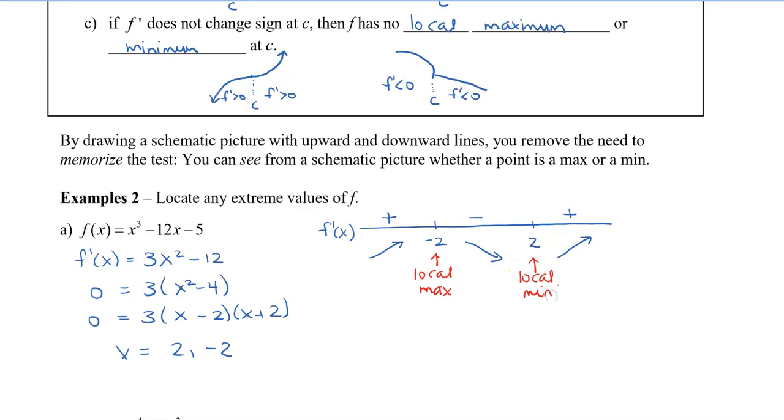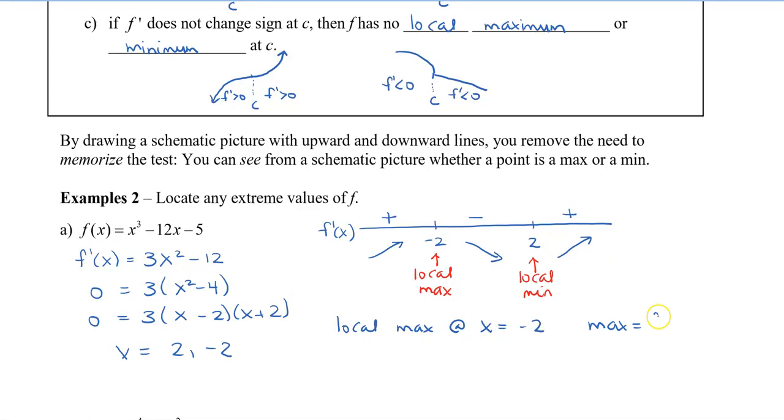I don't know if it's the greatest or the absolute max or min because I haven't done any more testing, but what I'm interested in right now is just to find out whether it's a maximum or a minimum value. So now we can say that there's a local max at x equals -2, and we'll actually plug it in now.